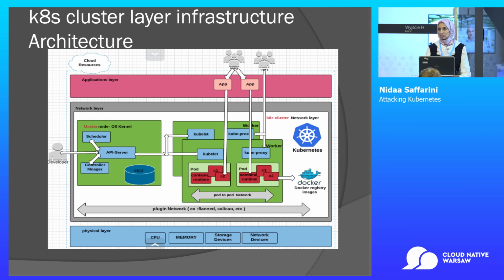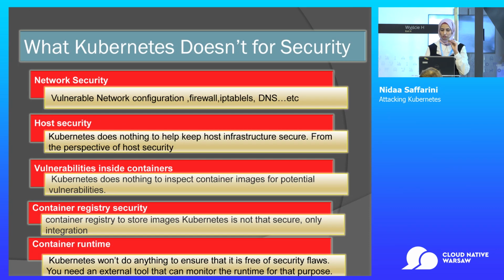The runtime application is a separate layer. So for network security, host security, the vulnerability from inside the container itself, and registry security for the container runtime issue, all those issues, Kubernetes does not have the ability to improve or manipulate or keep from a security standpoint. It's like separated layers.